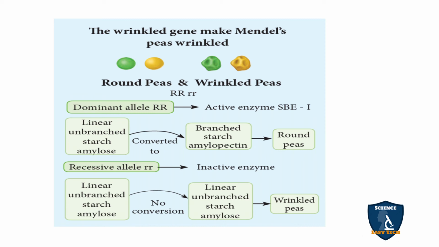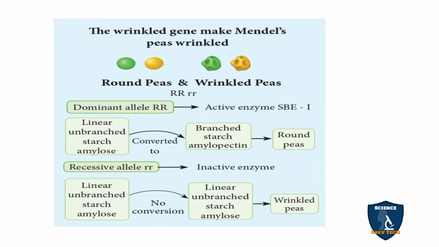So the linear unbranched starch amylose is not converted, whereas with capital R the unbranched starch is converted to branched starch. So the peas are round. But in this recessive condition, the linear unbranched starch amylose is not converted, and wrinkled seeds are produced.